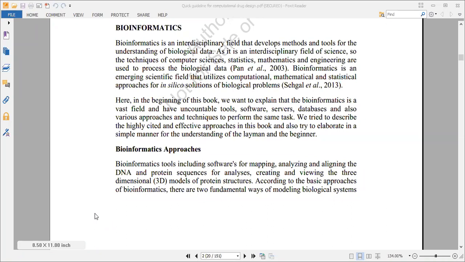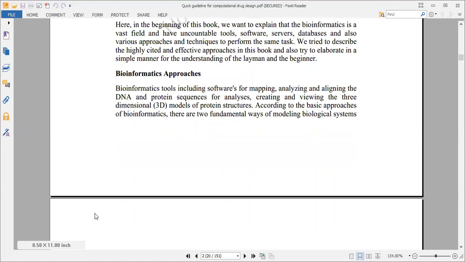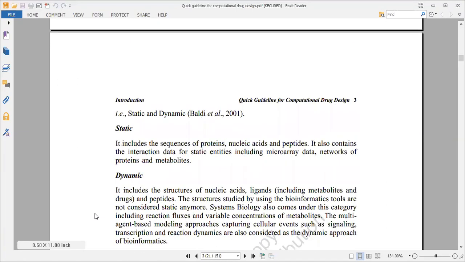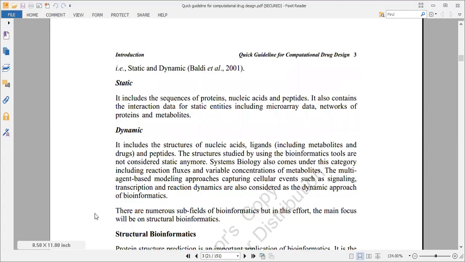Bioinformatics approaches. Bioinformatics tools include software for mapping, analyzing, and aligning the DNA and protein sequences, and for creating and viewing the three-dimensional 3D models of protein structures. According to the basic approaches of bioinformatics, there are two fundamental ways of modeling biological systems, static and dynamic.